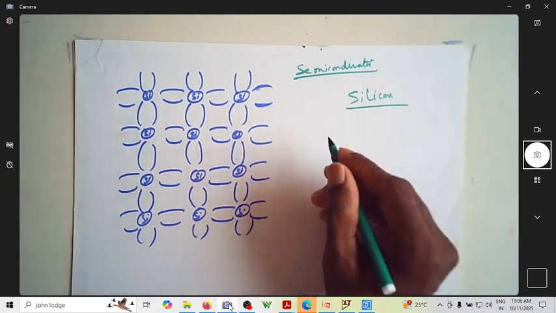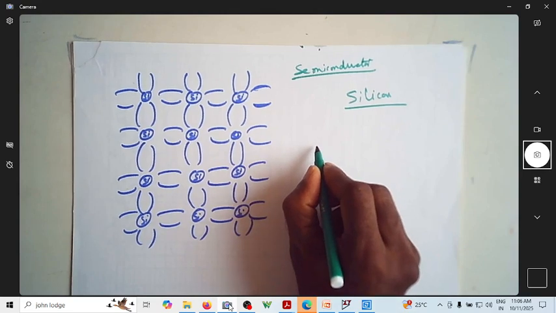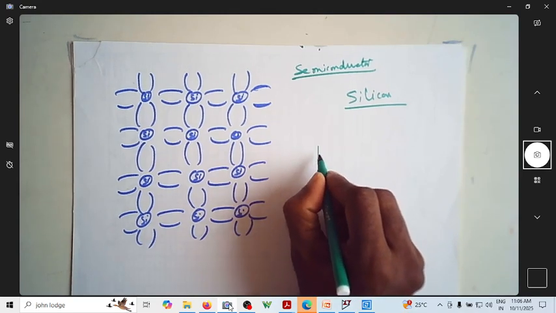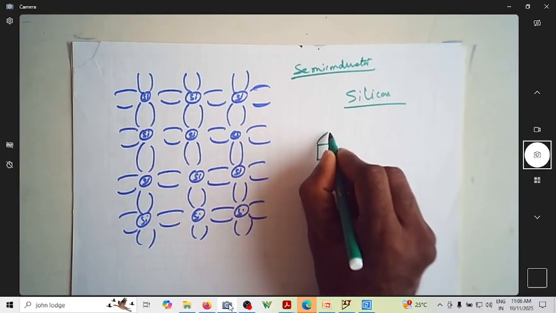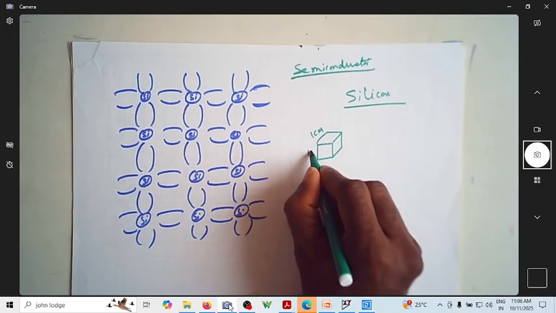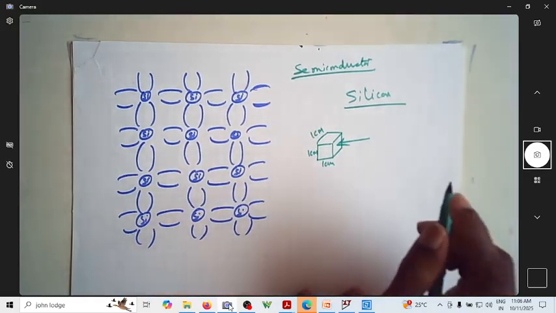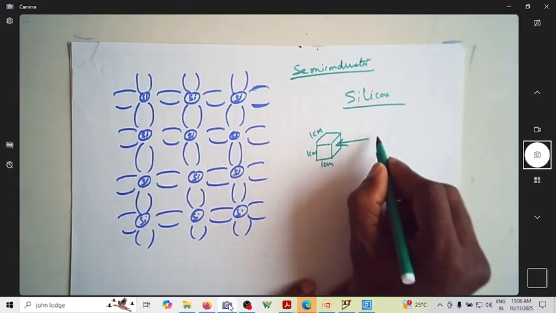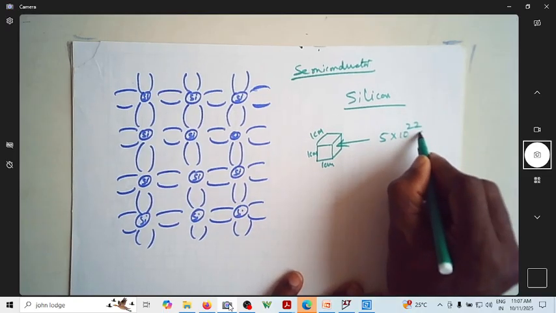So just to quantify the number of silicon atoms per cubic centimeter. When I say per cubic centimeter, assume that you have a cube with all sides as 1 centimeter, 1 centimeter, and 1 centimeter. In this volume, we're going to have the number of silicon atoms as 5 into 10 power 22.